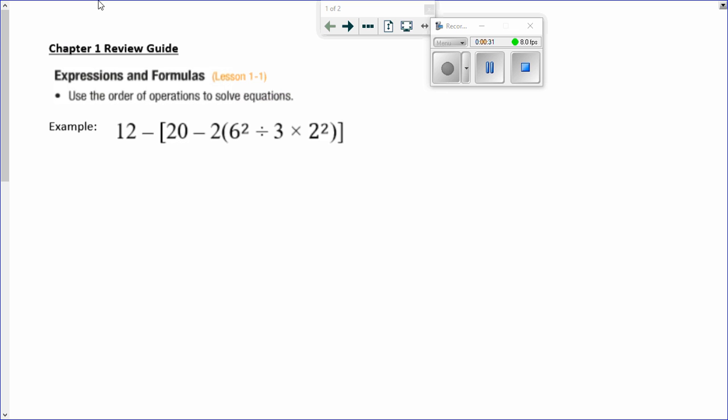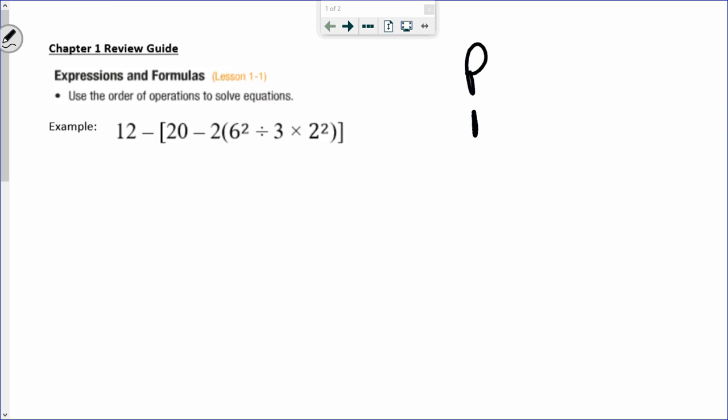So, the first lesson, 1.1, we really talked about expressions and formulas. This consisted of using the order of operations, PEMDAS: parentheses, exponents, multiplication, division, addition, subtraction.